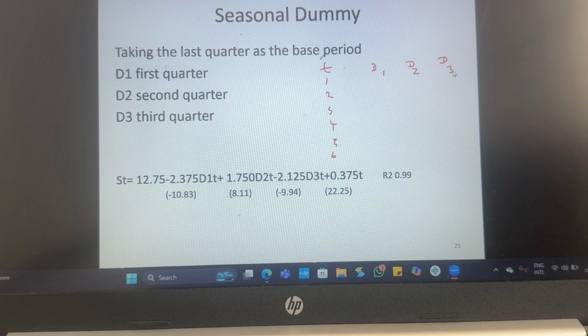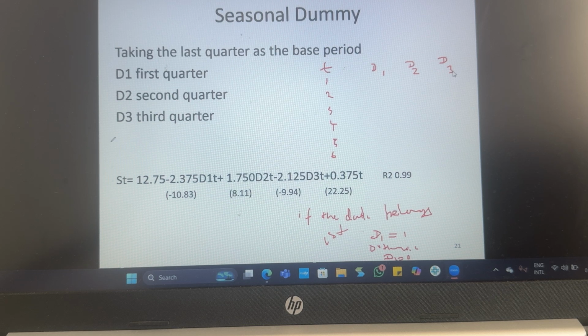Then you have to put the key like this: if the data belongs to the first quarter, D1 should equal 1, otherwise D1 should equal 0.